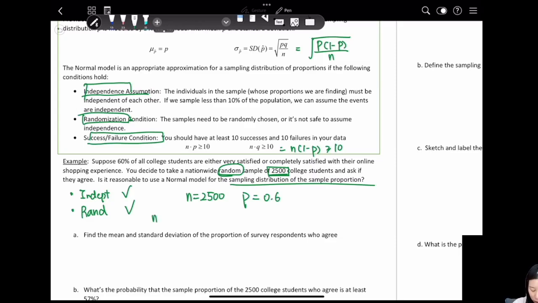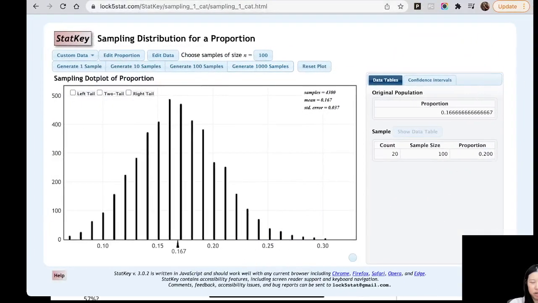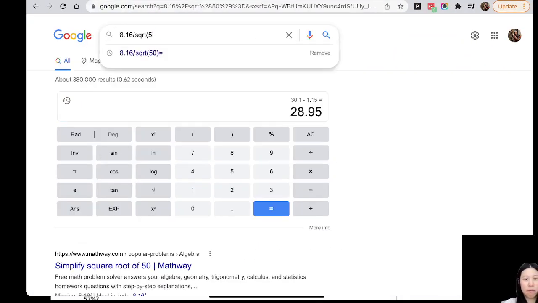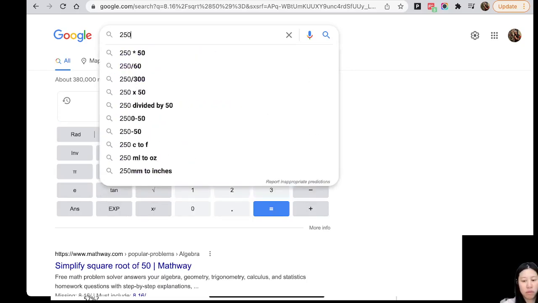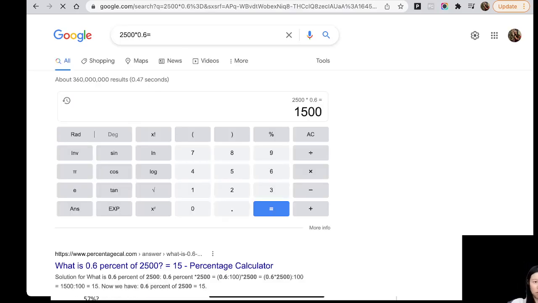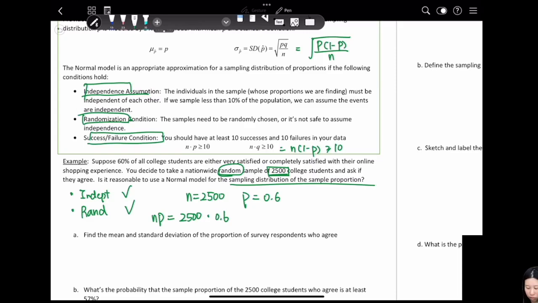Now the success count is n times p, which is 2,500 times 0.6. Let me use a calculator. This equals 1,500, which is greater than or equal to 10, so we can use it. But we still need to check the failure count, which is n times q.